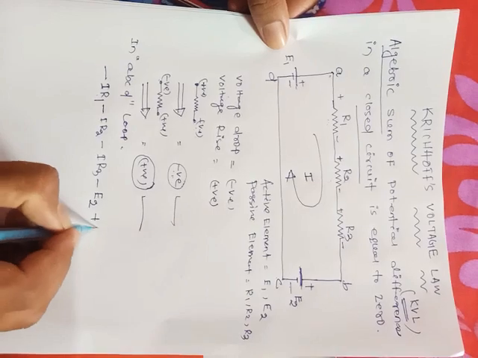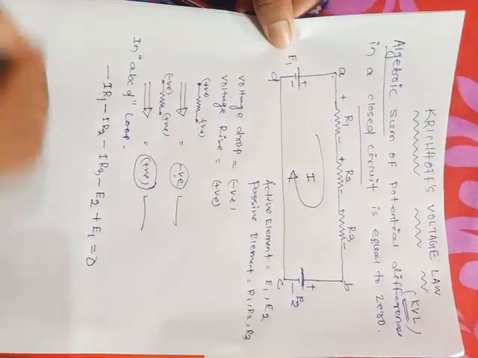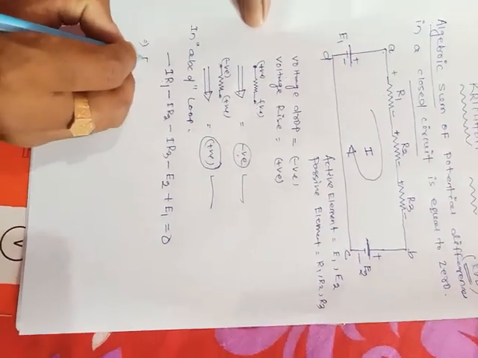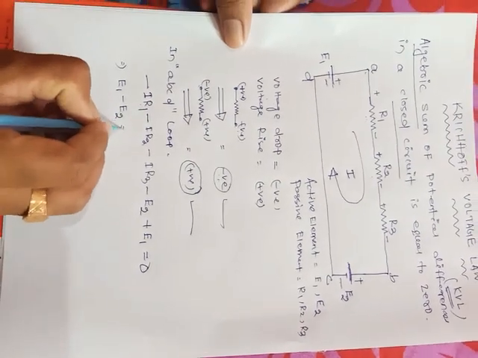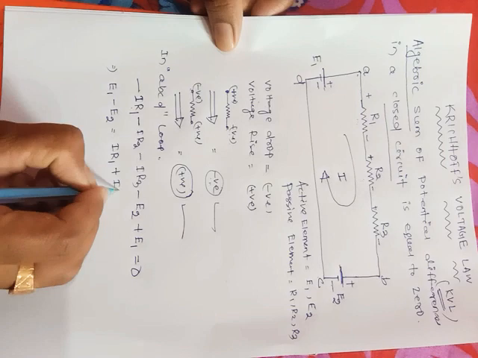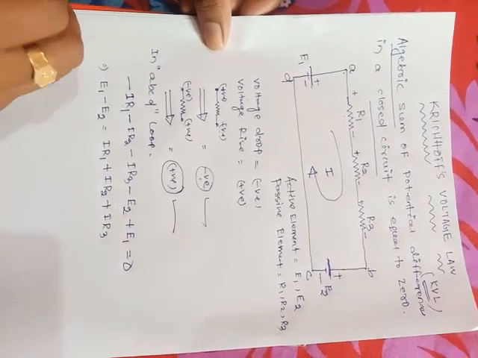So plus E1 equals 0. Simplifying, E1 minus E2 equals IR1 plus IR2 plus IR3.